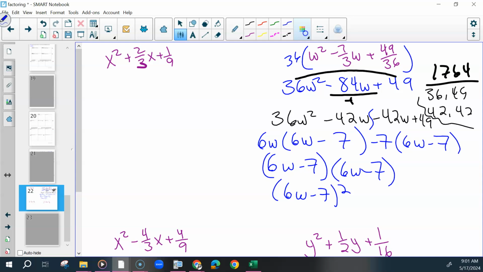Look at the dividing polynomials by a monomial page. Find any questions you want to see, you go over, have questions about.